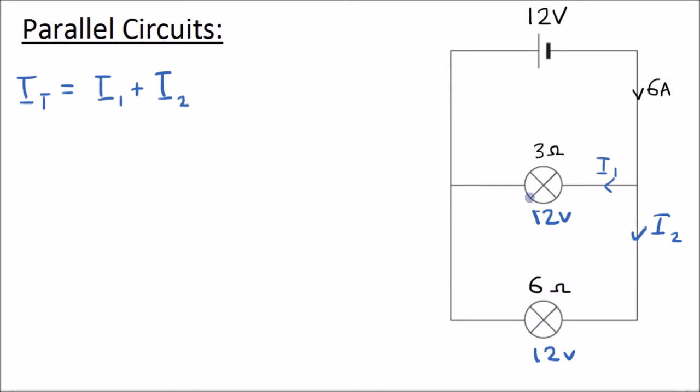There may be a different number of charges in each branch because some of the current goes this way and some of the current goes that way, but the amount of energy per unit charge, aka the voltage, is still the same. It's still 12 volts, or still 12 joules per coulomb in each branch. The number of coulombs might have changed, but the joules per coulomb hasn't changed.